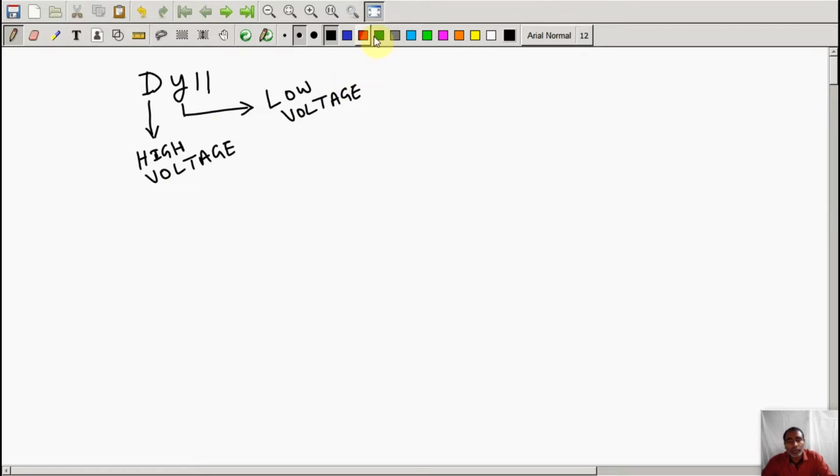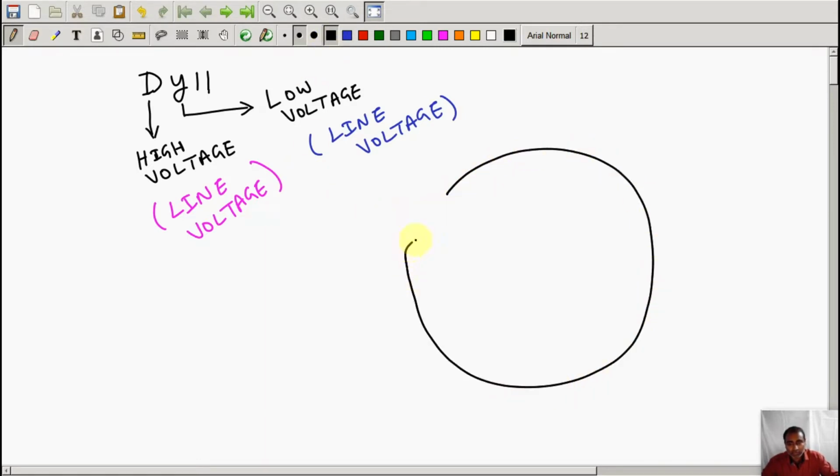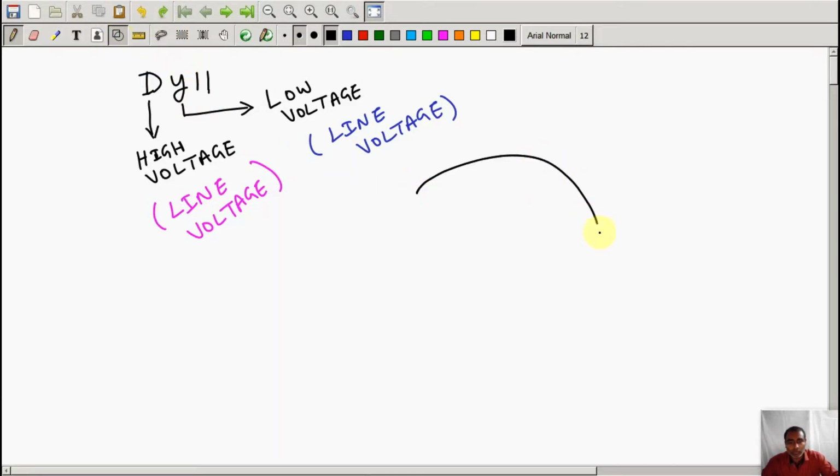So we will be focusing on the line voltage of the HV side and the line voltage of the LV side. Now what is the meaning of 11 o'clock? We all know what 11 o'clock means.